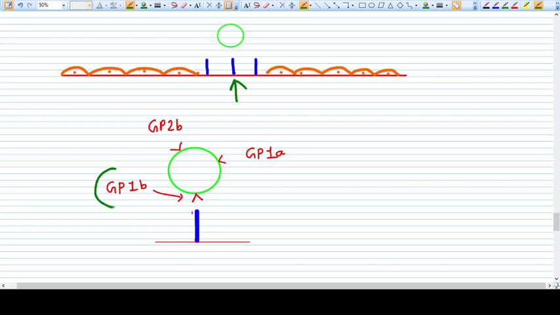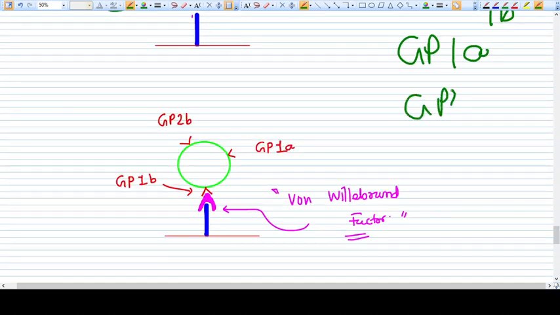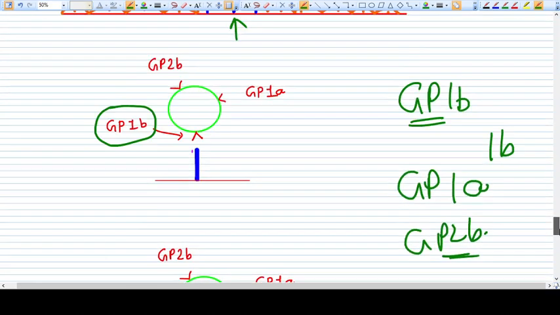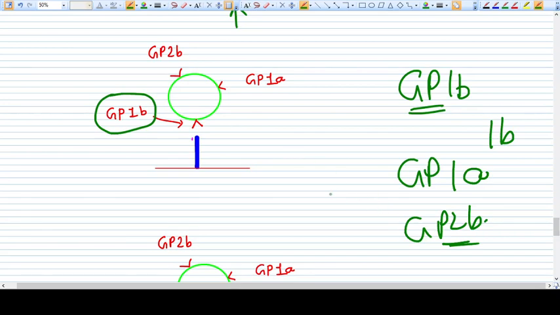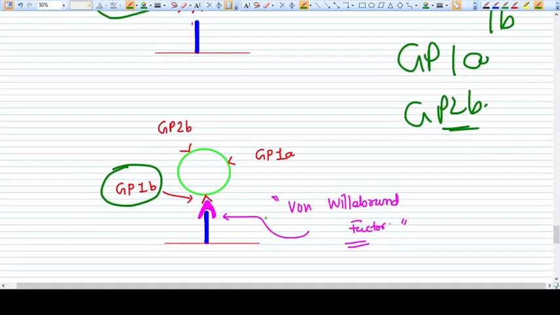The main receptor is GP1b. GP means glycoprotein 1b. Other receptors are glycoprotein 1a and glycoprotein 2b. But the very important one is glycoprotein 1b.